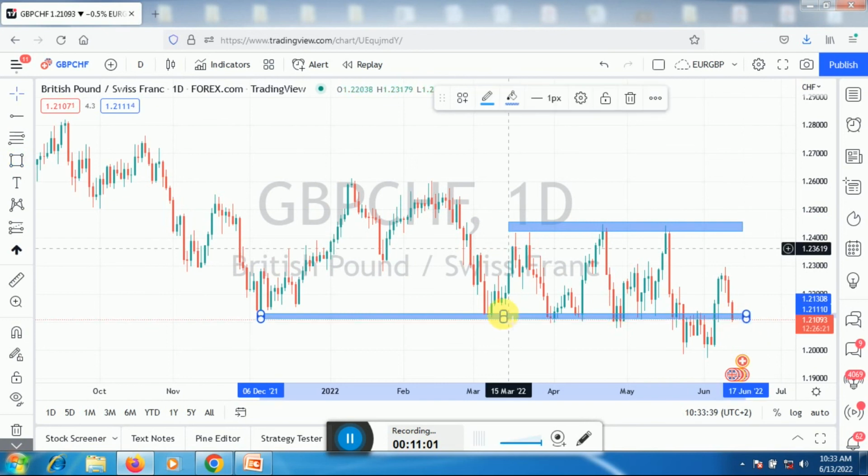You see it bounced off here, it came back to this level, which was a previous support, and then it came back and bounced again, and then went back to that level. So a swing trader can trade this pair quite smoothly, because it consolidates most of the time, but it is actually good for people who like swing trading.